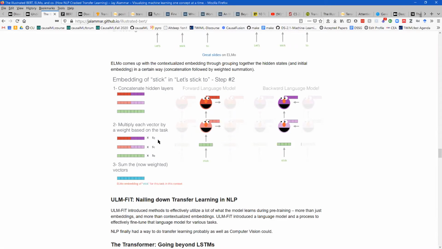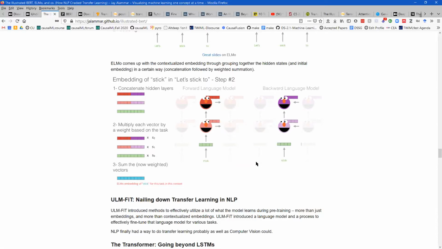So that makes sense from an overhead point of view, from a grand scheme of things point of view, but I'm not sure how you get these weights based on the task, how you get this S0, I think S1. The people at Allen AI themselves found out that certain specific values of S0, S1, S2 work well for each type of task.